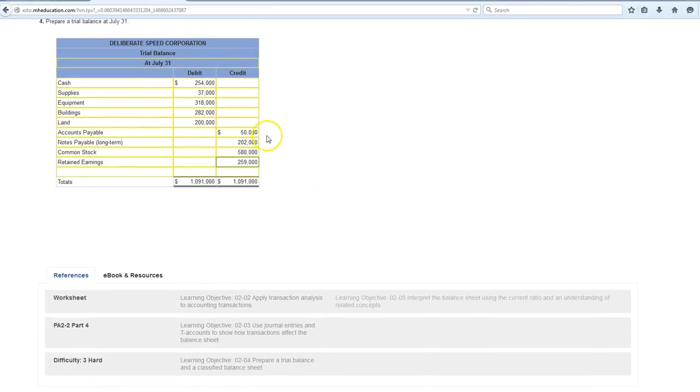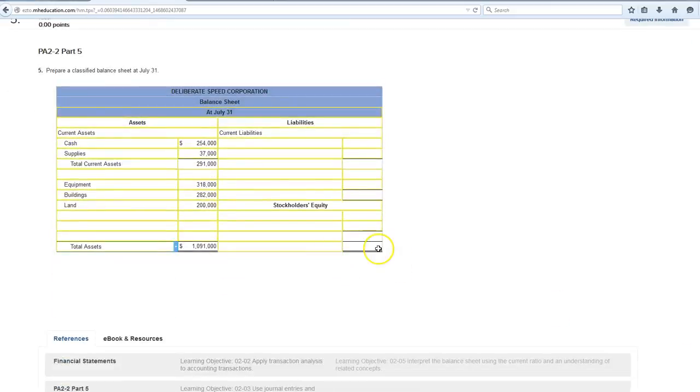So which of our liabilities here have to be paid within a year? Well, usually accounts payable. When you buy things on credit, they're usually due 1 to 2 months into the future, no longer than that. But the notes payable, those were due more than 1 year into the future. So we have one current liability and one long-term liability. So let's put them here. Accounts payable, and that's $50,000.